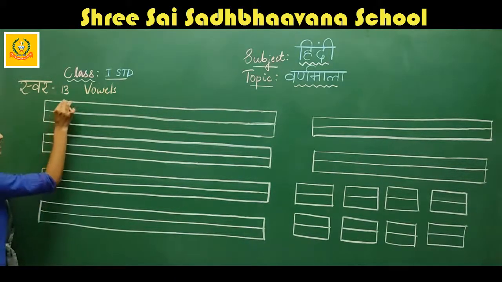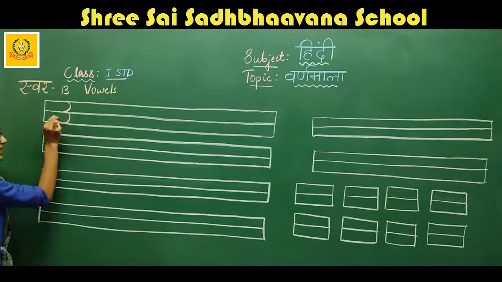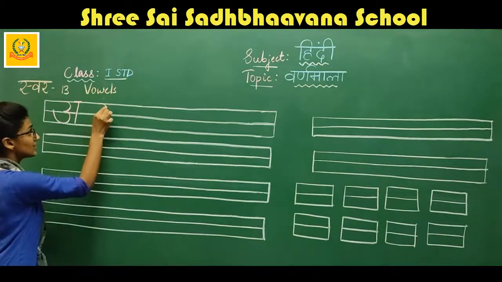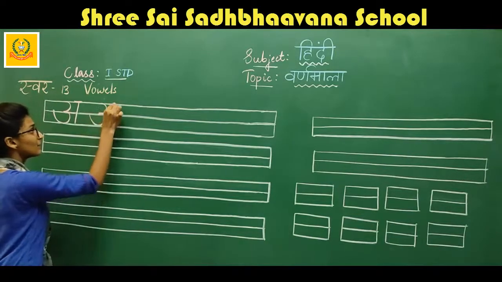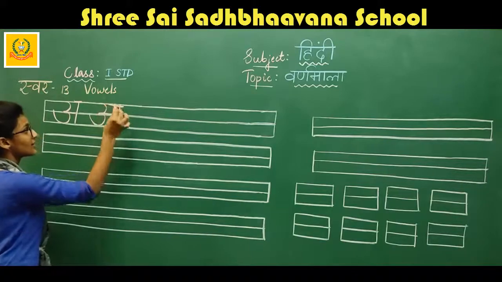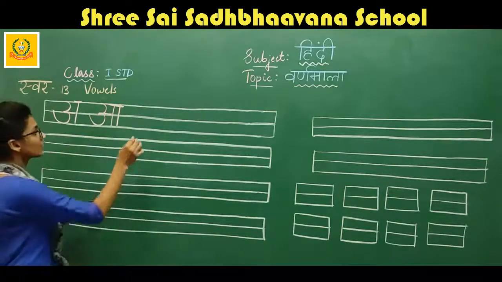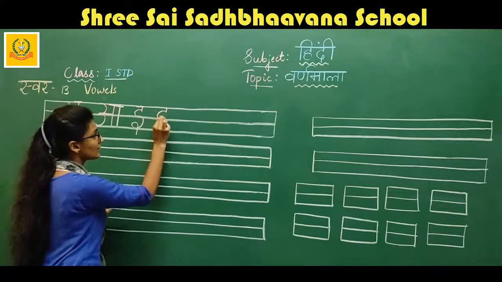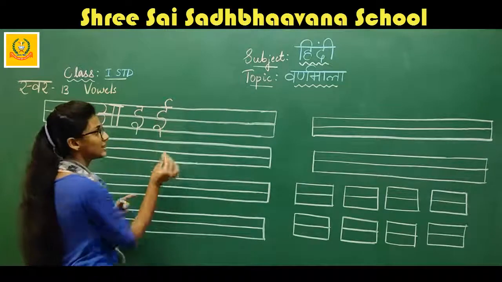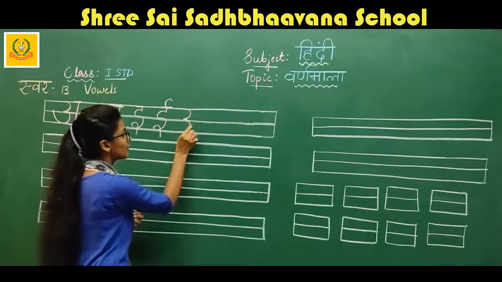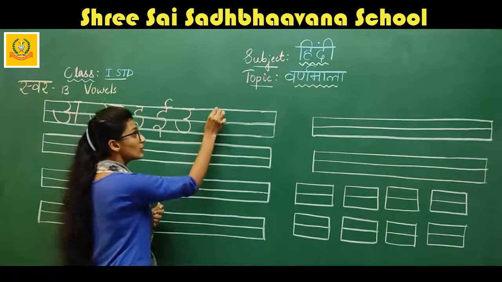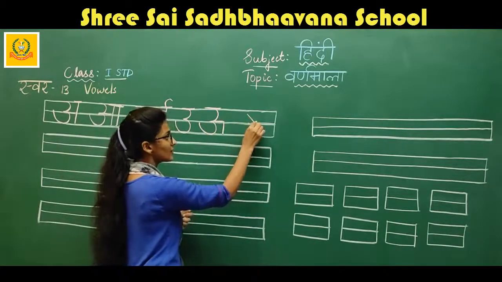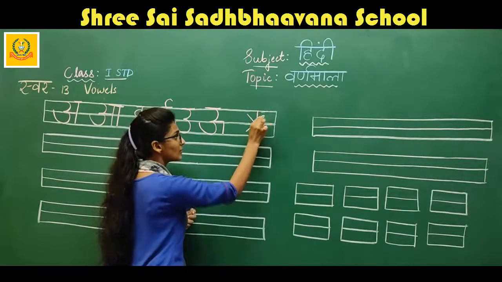First letter of swar is A. How to write? A. What is this? A. Next. A. A. Next. E. E. U. U. Ru.